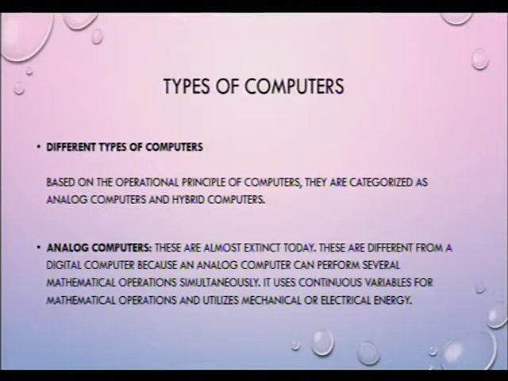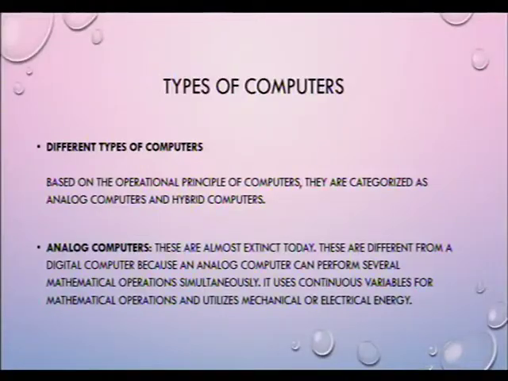Now we need to understand the different types of computers. How do computers work? We have analog computers. These are almost extinct today. These are different from digital computers because an analog computer can perform several mathematical operations simultaneously, and it uses continuous variables for mathematical operations and utilizes mechanical or electrical energy.